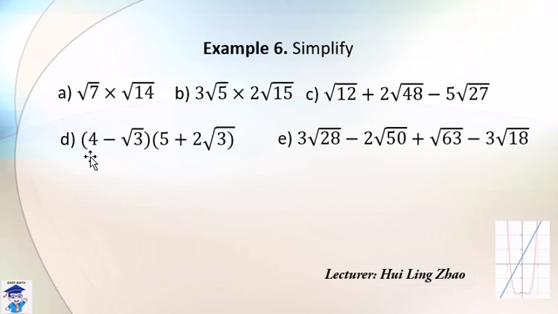Number D, there are 2 factors. The first factor is 4 minus the square root of 3, times 5 plus 2 times the square root of 3. Number E, 3 times the square root of 28 minus 2 times the square root of 50 plus the square root of 63 minus 3 times the square root of 18.